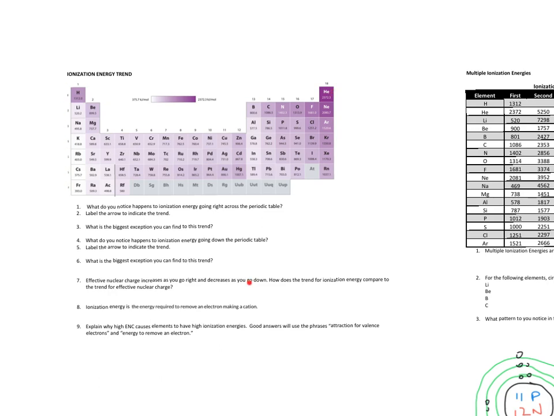Then I'll go ahead and define what the trend is for you, and we'll link it to what happens to effective nuclear charge, which is going to be like our root explanation for all of these trends. And so we're going to do that today with ionization energy.